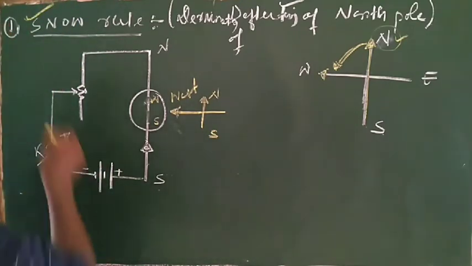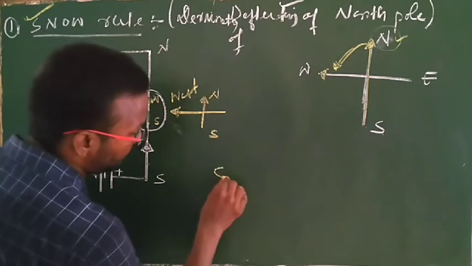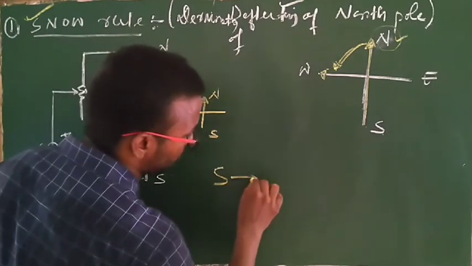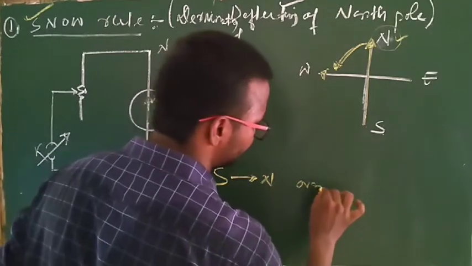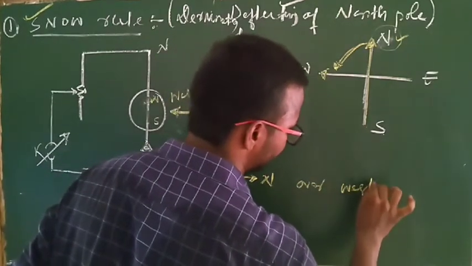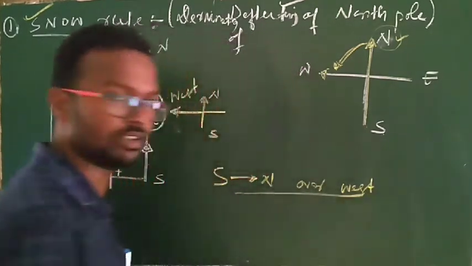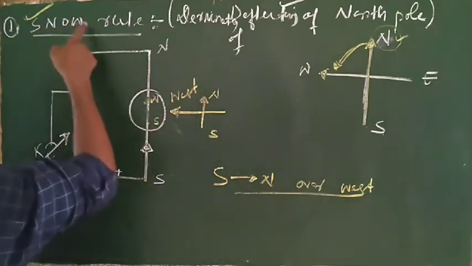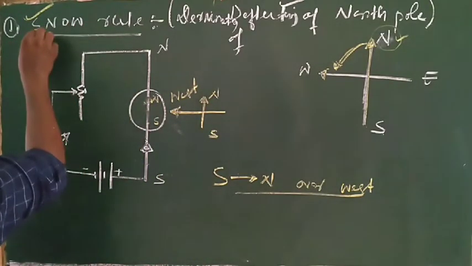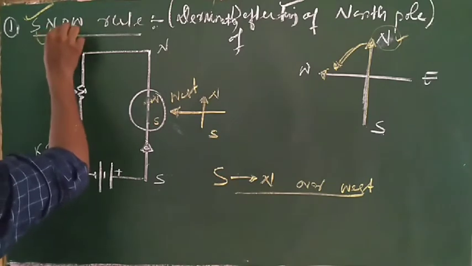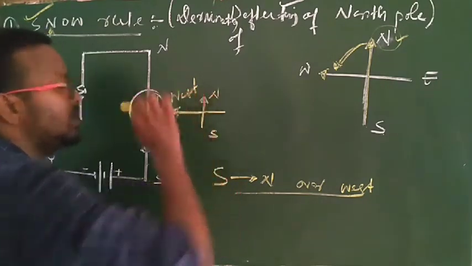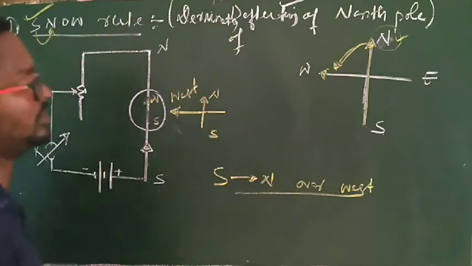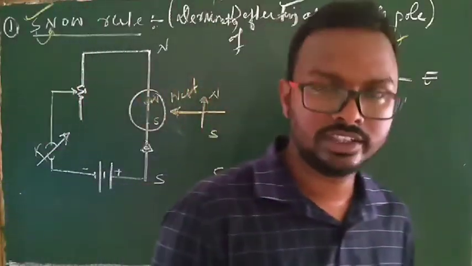Why Snow rule? When current flows from south to north over west. That is the meaning of Snow rule. That means SNOW: when current flows from south to north over a magnetic needle, then the magnetic needle deflects towards west, and this rule is known as Snow rule.